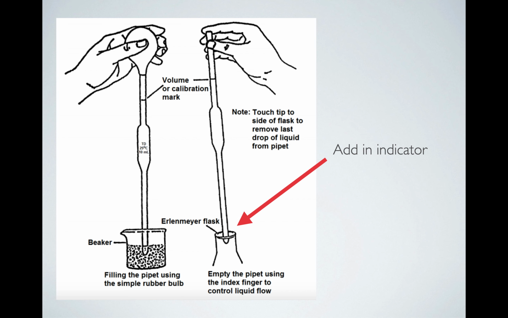Say if we had some water left in the side and you fill it up to the calibration line, you've just diluted your solution. So rinse the pipette also with the solution that you're going to deliver. Rinse it a couple of times with a little bit of the solution, make sure it goes all the way to the top, put that in the waste, and then once you've done that twice, fill it to the line. Okay, and then we're going to add indicator to our flask below.